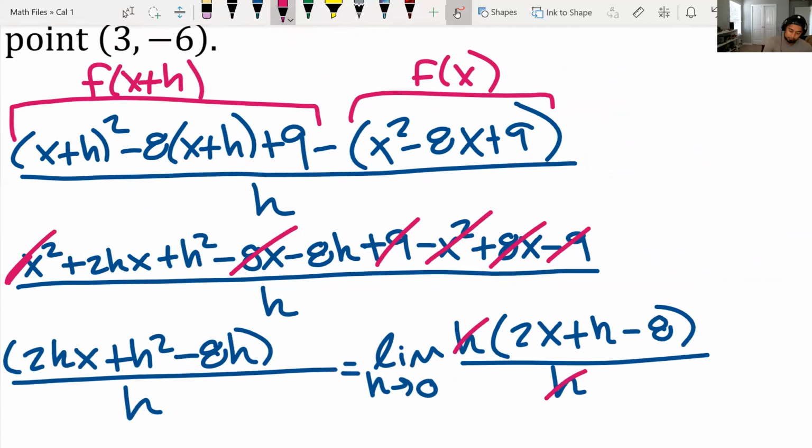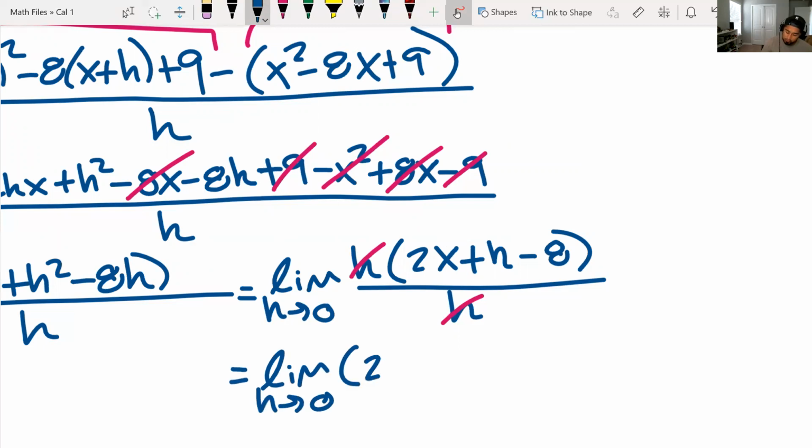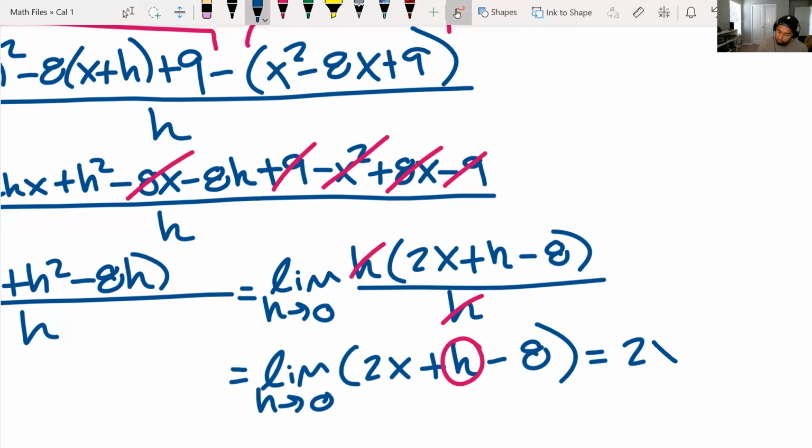Cancel, cancel. Almost there. The limit as h approaches 0 of 2x plus h minus 8. Plug in 0 for h, and we get our answer, 2x minus 8. This is the derivative, and this is also the formula for the slope of the tangent line.